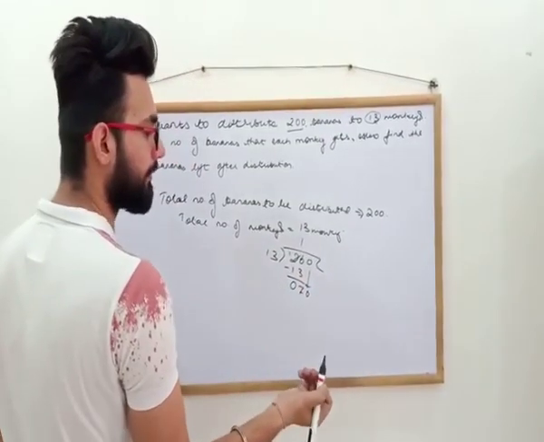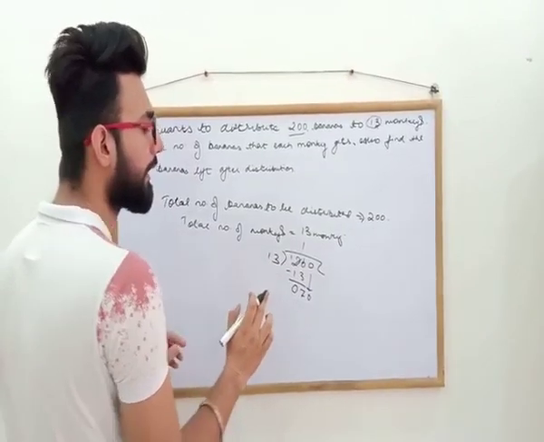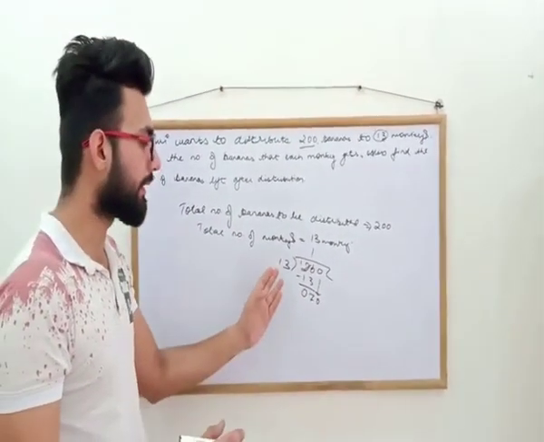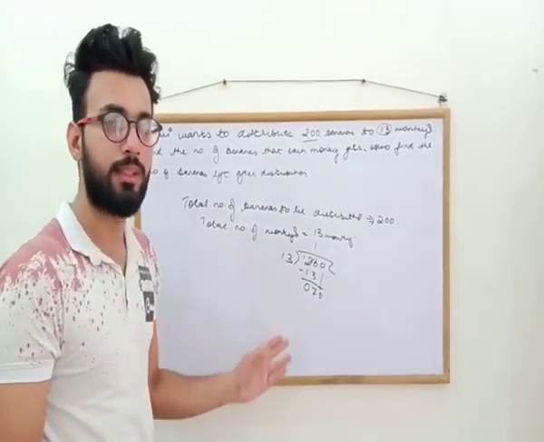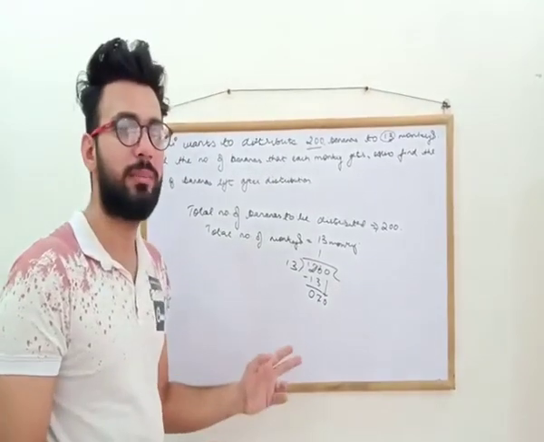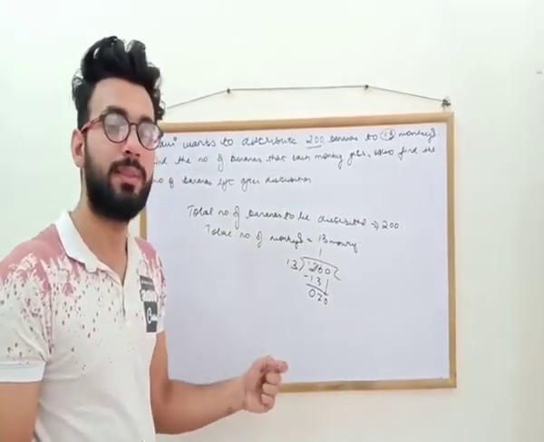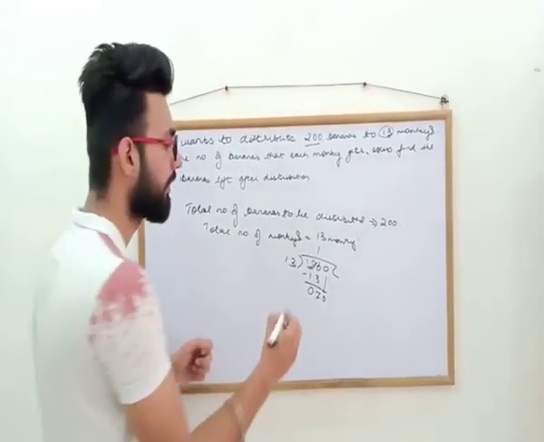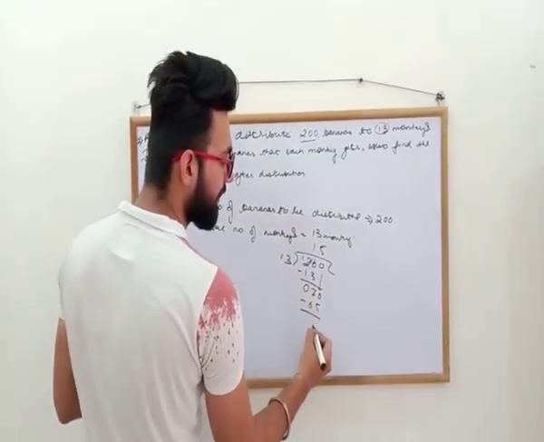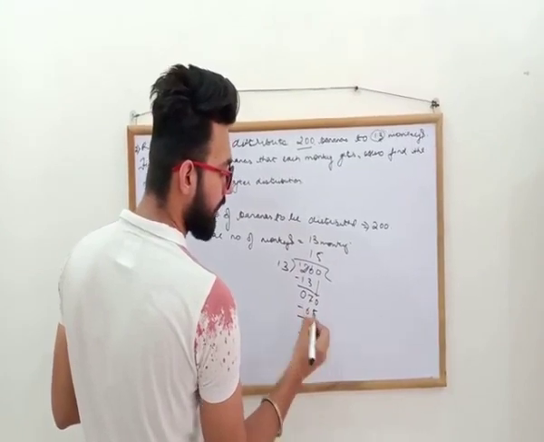And again 0 over here. Now we need to check, is 70 divisible by 13? So no, 70 is not divisible by 13. But what is the number which is divisible by 13? The number 65. 13 fives are 65. 70 minus 65 is 05.